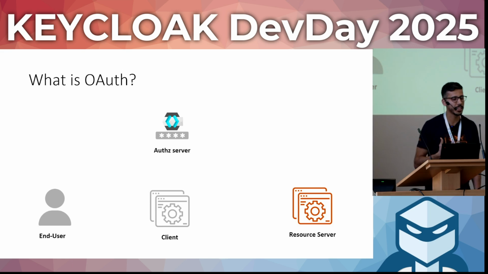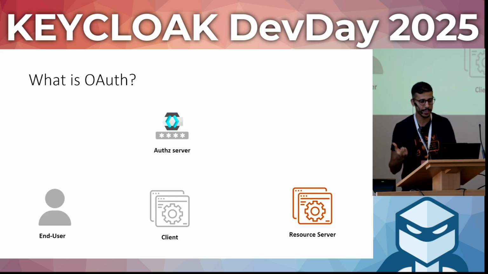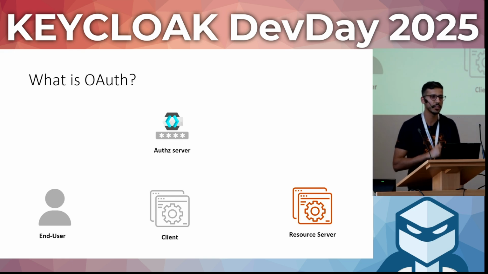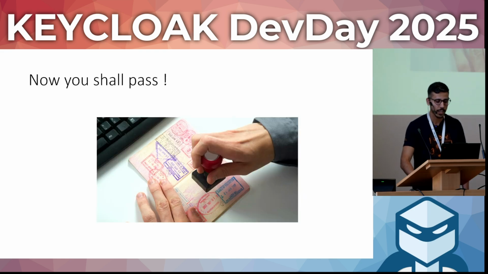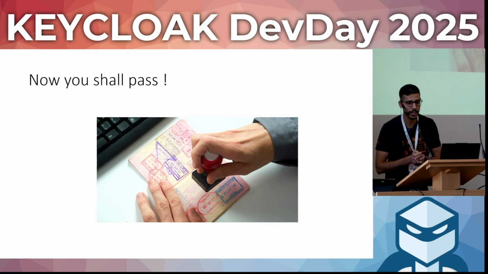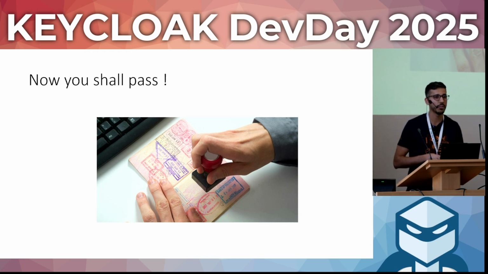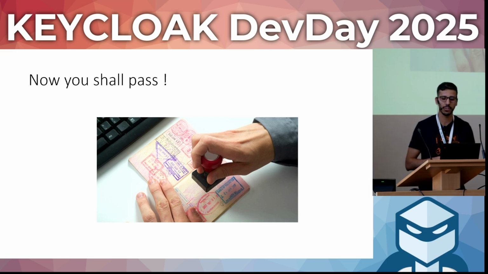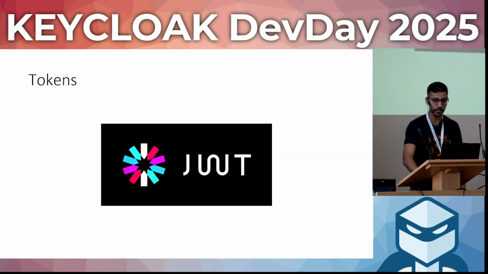So OAuth is a delegation framework. As an end user, I delegate to a client application a kind of key to access my protected resources on the resource server. This key is signed, stamped by the authorization server, and this way the client application can access the user's protected resources.